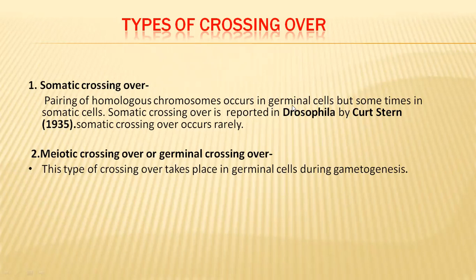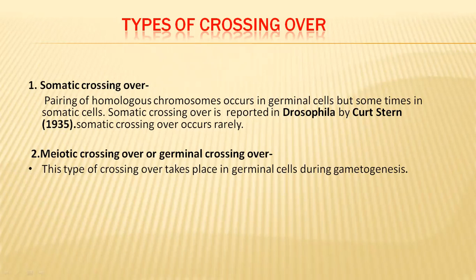As this is not occurring in germinal cells, it has no importance in terms of inheritance or the evolutionary process. Why? Because the recombinations that result from somatic crossing over will be limited to that individual organism only.